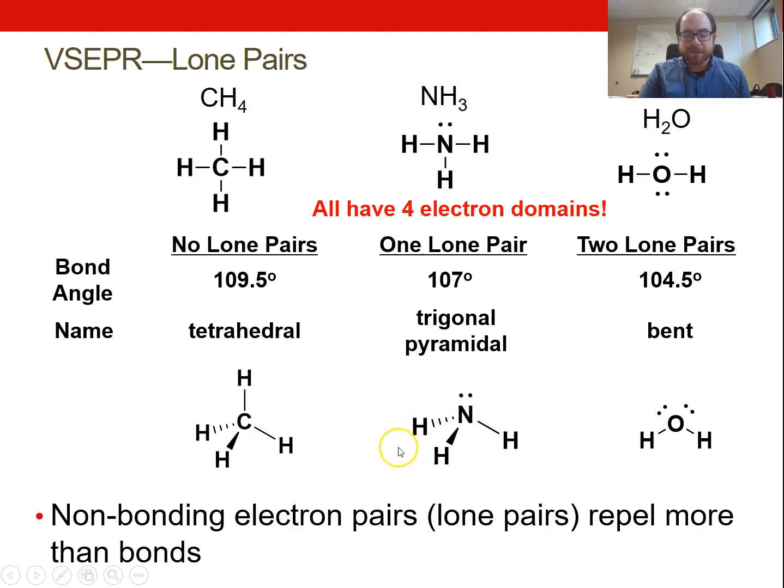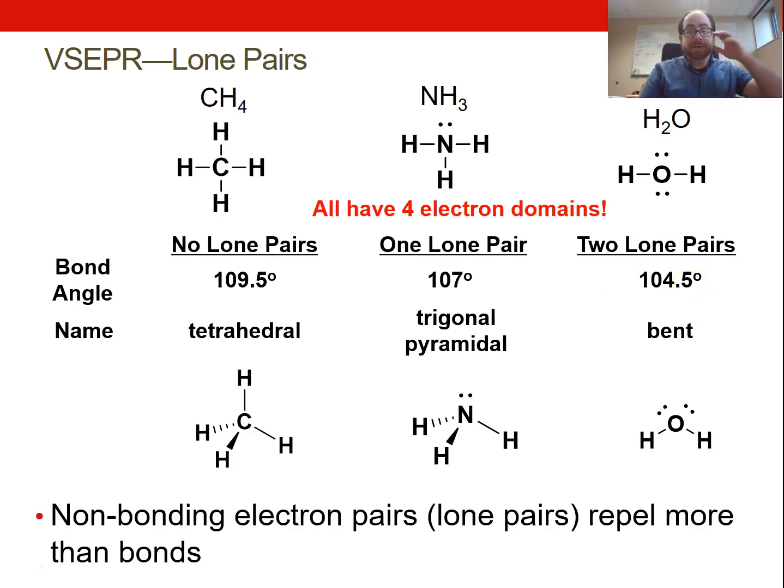But ultimately, this creates a pyramid at this position. This is different than trigonal planar: this is 4 electron domains, whereas trigonal planar is only going to have 3. And then if I have 2 lone pairs around the central atom, for example water, this is what we call a bent geometry, and it'll have a bond angle of roughly 104.5.